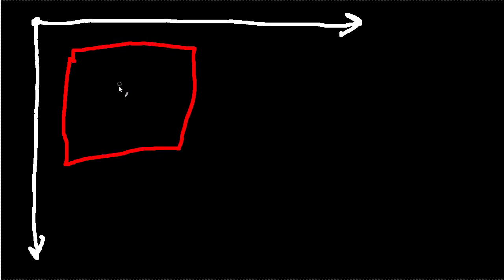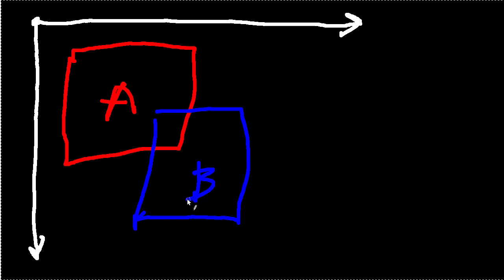We're going to say rectangle A and rectangle B. This is B dot X. This is B dot X plus B dot width.